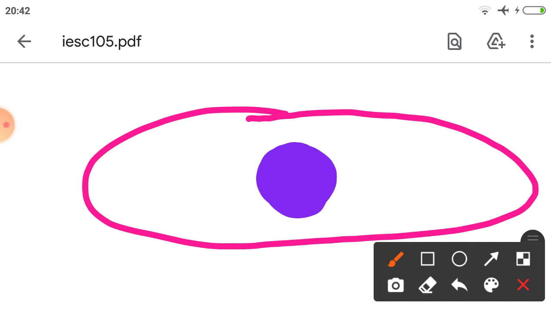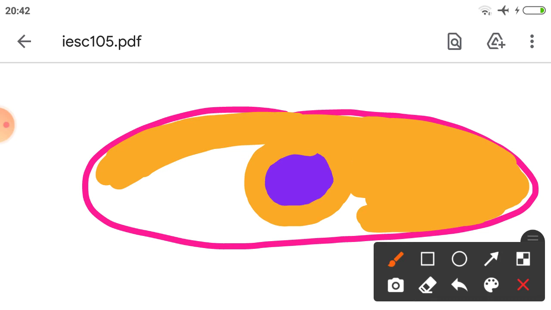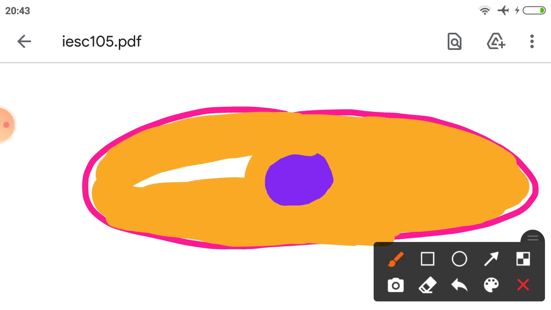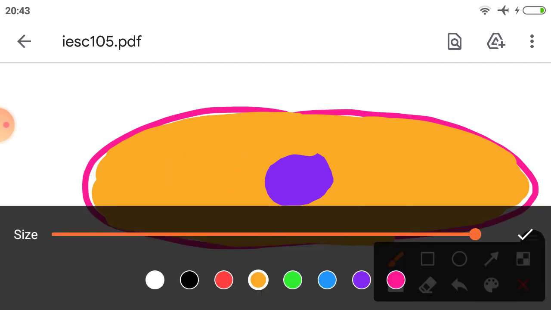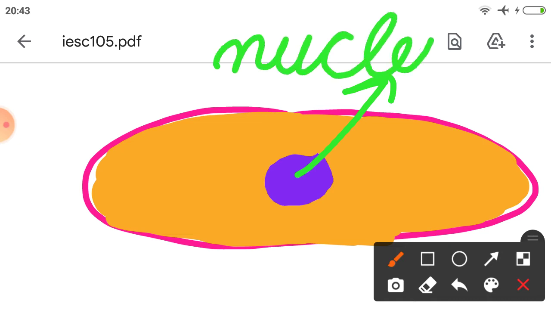This purple colored structure is your nucleus, and this yellow part is the cytoplasm.